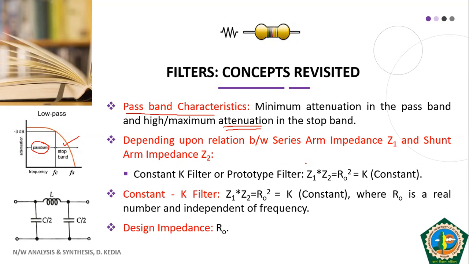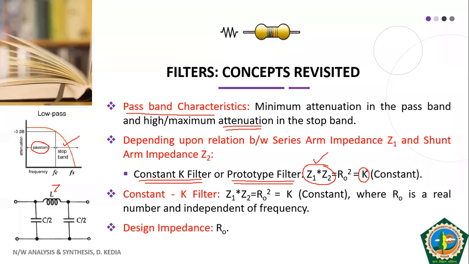After this we have talked about constant K filter. We also call constant K filter a prototype filter. This is one and the same thing. Why are we calling it a constant K filter? Because Z1 into Z2 is equal to some constant K. I hope you have recalled what Z1 and Z2 are.